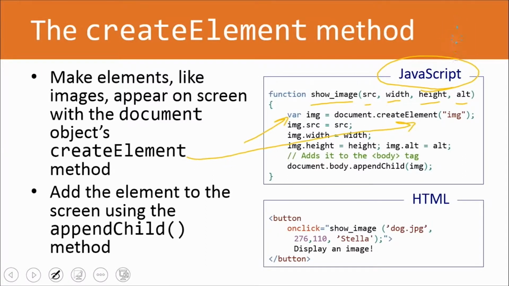We set source equal to image.source. Image.width is set to width, and then, of course, height is set to image.height. And then we assign the value of alt that we pass through as a parameter to image.alt. And so all of these properties of this image object that we just created are going to be stored, and then we add them to the screen using the append child method, right? And so we pass through image as a parameter there.